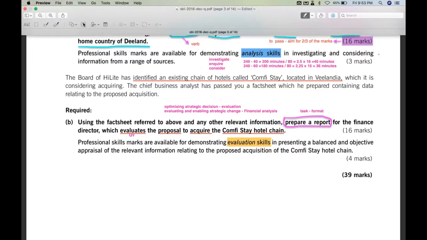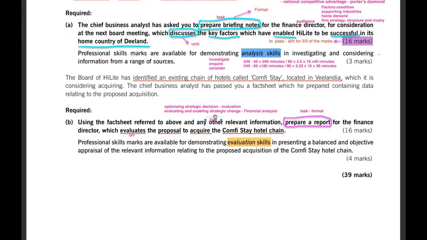So what are the professional skills of evaluation? This is where you need to assess, estimate, and appraise.